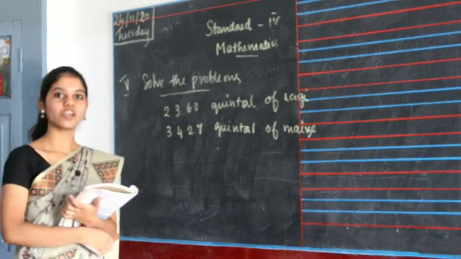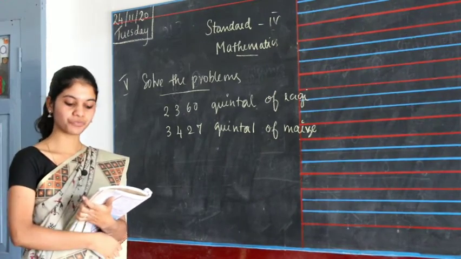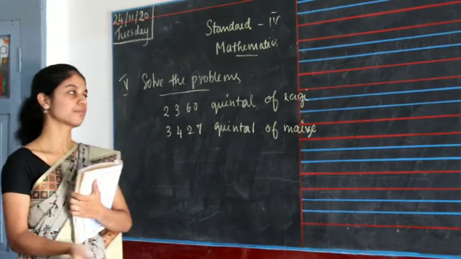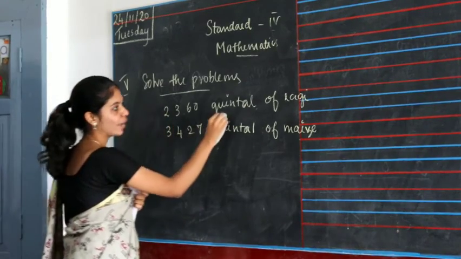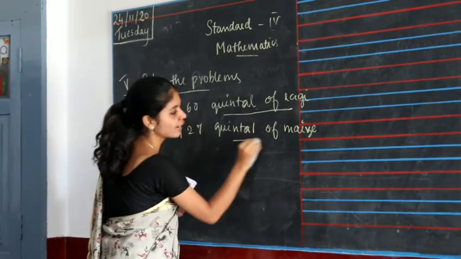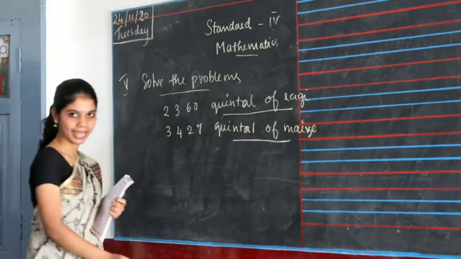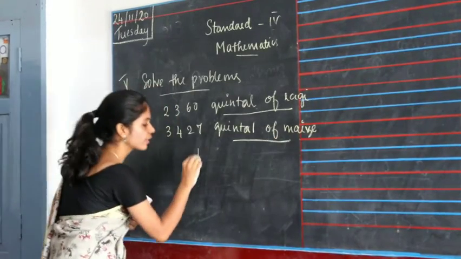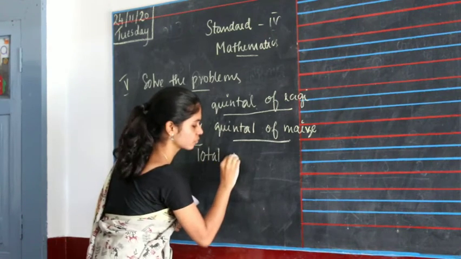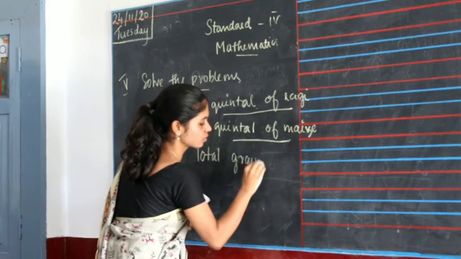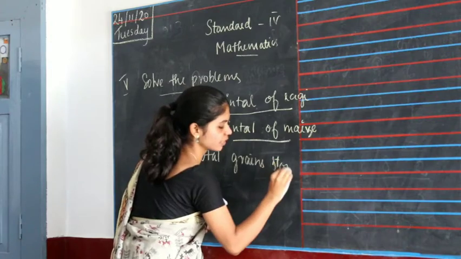They are asking what is the total weight of food grain stored in the godown. Now we are going to add the total quintals of ragi and the total quintals of maize to get the total grains stored in the godown.